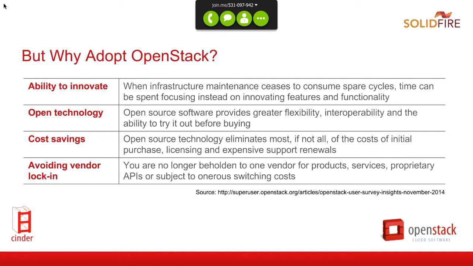What were some of the advantages that led to this mass adoption of OpenStack out in the community? Well, again, it's this ability to go faster and innovate. When your underlying infrastructure is abstracted away, you are able to consume it in a completely different way. And through open source software technology, you have this melding and joining of the users out in the community as well as the vendors.